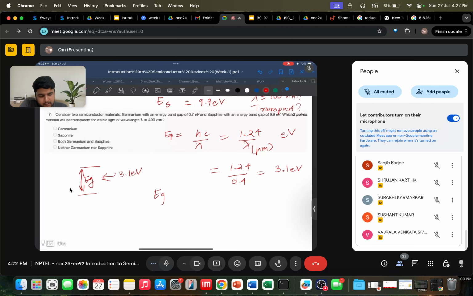If Eg is less than 3.1 electron volt, it will excite an electron hole pair, so it will generate an electron hole pair and absorb the energy. If Eg is greater than 3.1 electron volt, it will transmit.